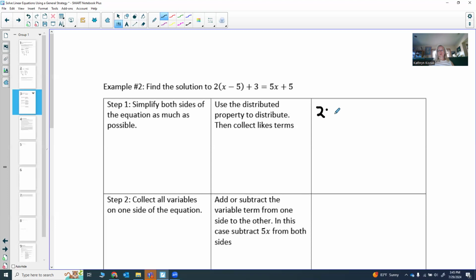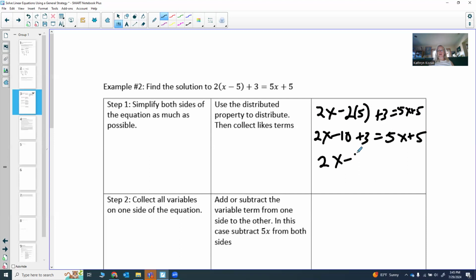So that will be 2 times x minus 2 times 5 plus 3 is equal to 5x plus 5. So that's 2x minus 10 plus 3 is equal to 5x plus 5, which is 2x minus 7 is equal to 5x plus 5.